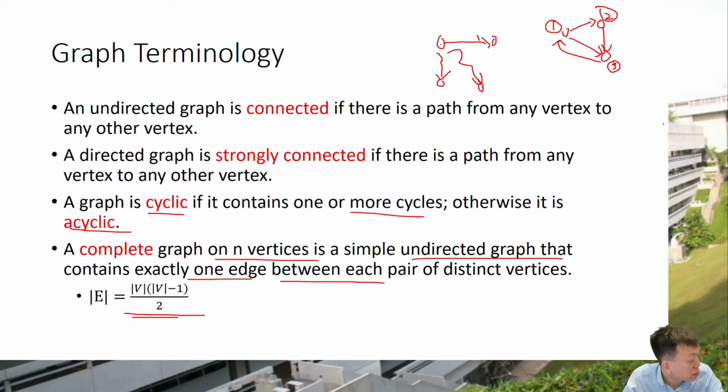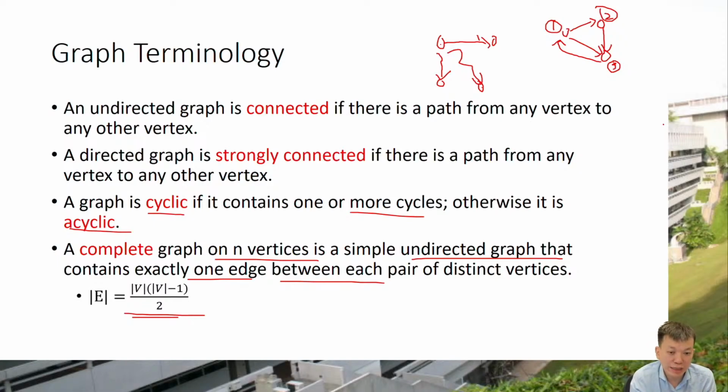You have 3 vertices. So this is one counter example to V permute 2, right? With 3 vertices I just need 1, 2, 3, 4 edges. 4 edges is good enough already.